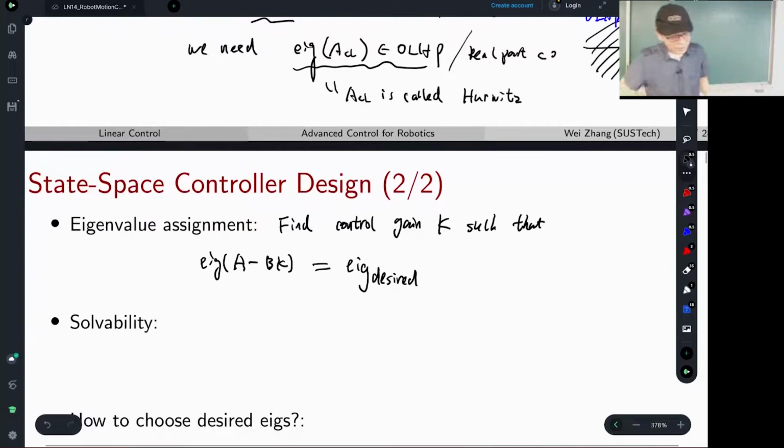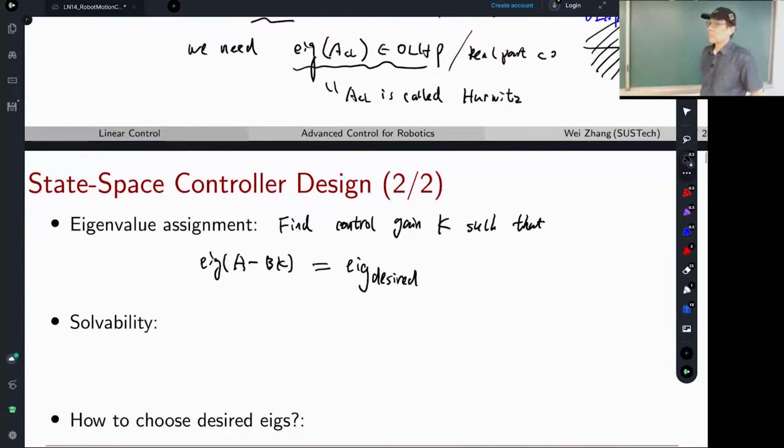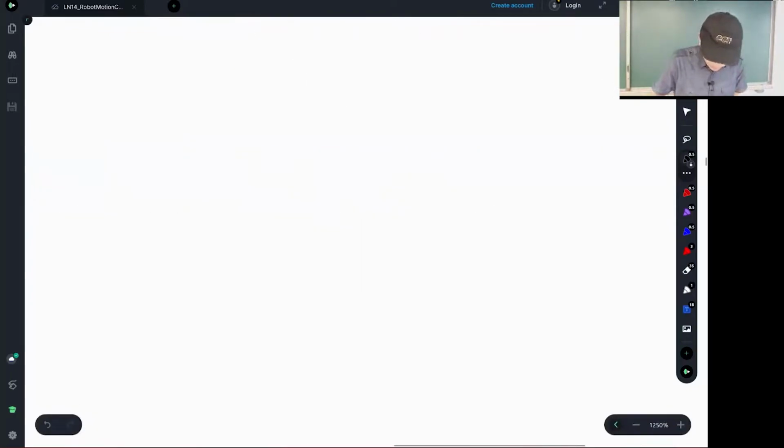That's the so-called eigenvalue assignment or pole placement problem. You pick some stable eigenvalues that you like, then you design a control gain so that the closed loop A matrix has desired eigenvalues. That's the typical design procedure.